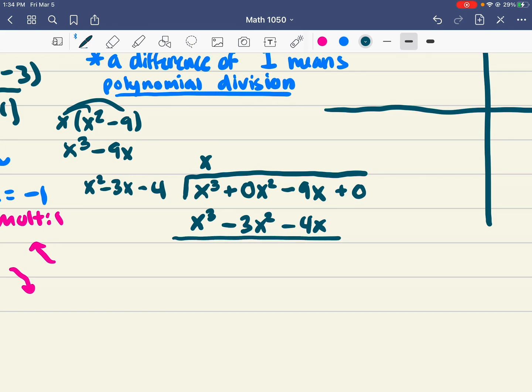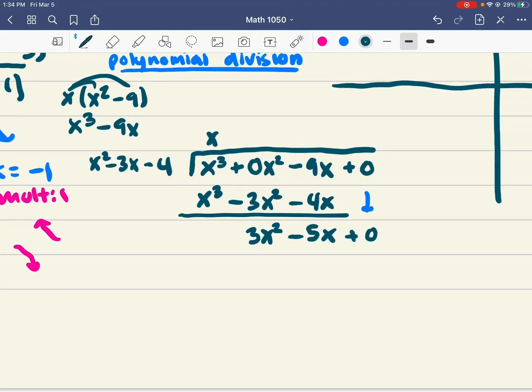And then I'm taking the difference of those two. So x to the third minus x to the third is nothing. 0x squared, take away negative 3x squared gives me positive 3x squared. Be careful because you're subtracting the difference. Negative 9x minus negative 4x is really like adding 4x, which gives you minus 5x. And then you bring this guy down and start the whole process over again.